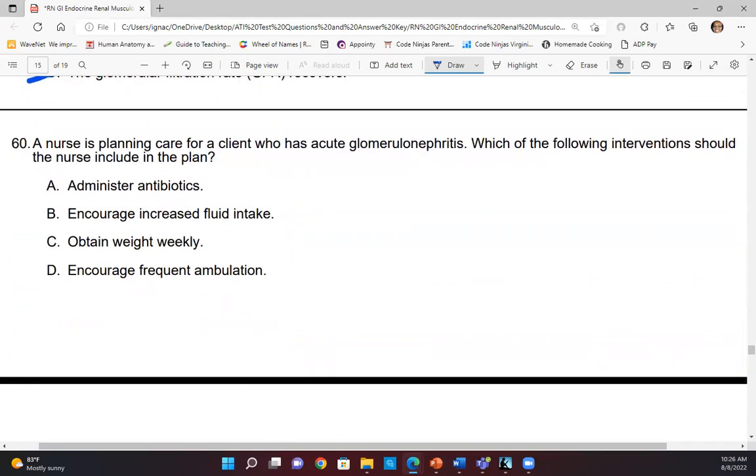Okay. A nurse is planning care for a client who has acute glomerulonephritis. Which of the following interventions should the nurse include in the plan? So what is a good thing for this nurse to do for this patient with acute glomerulonephritis? So I'll give you some time to process this question and put your answers in the chat.